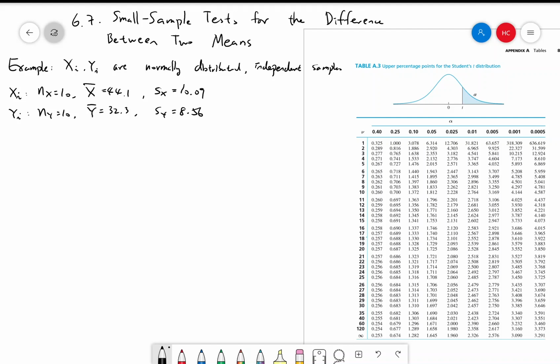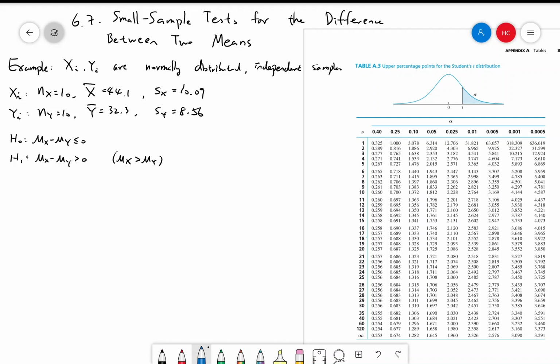So if you look at the sample means, the sample mean of x is greater than the sample mean of y. So we want to conclude that the population mean of x is greater than the population mean of y. That can be translated to mu x minus mu y greater than 0. And the null hypothesis is the opposite of the alternate hypothesis, so it's mu x minus mu y less than or equal to 0.